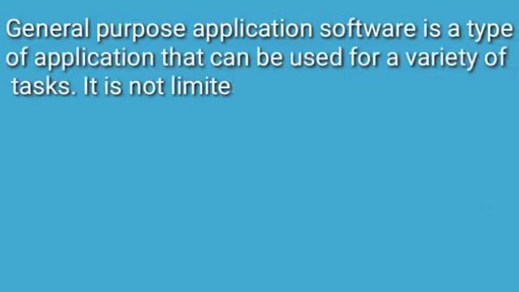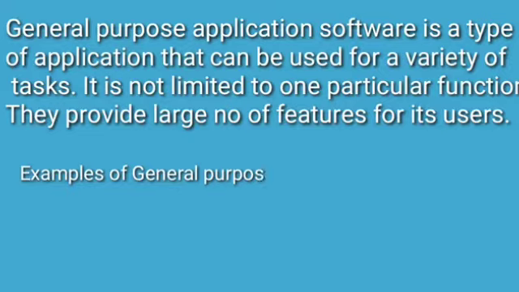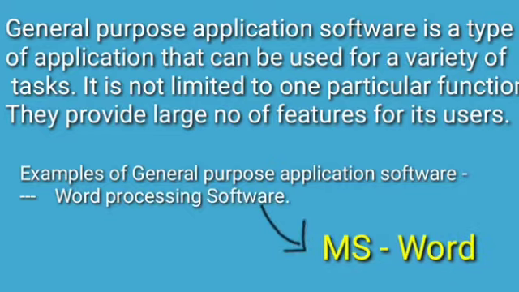General purpose application software is a type of application software that can be used for different kinds of tasks. The tasks are not limited. It provides a number of features for its users. So we as users use many different kinds of general purpose application software. An example of general purpose application software is word processing software, which can be Microsoft Word, helpful for creating flawless documents.